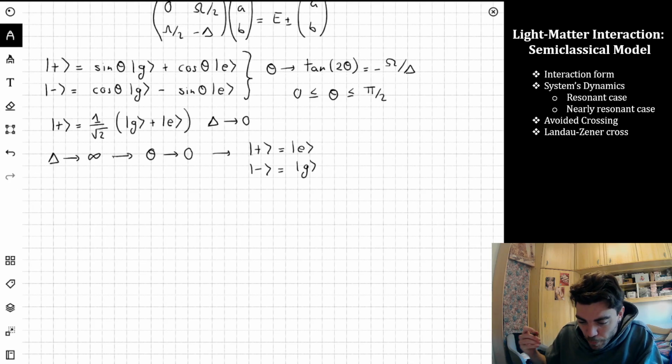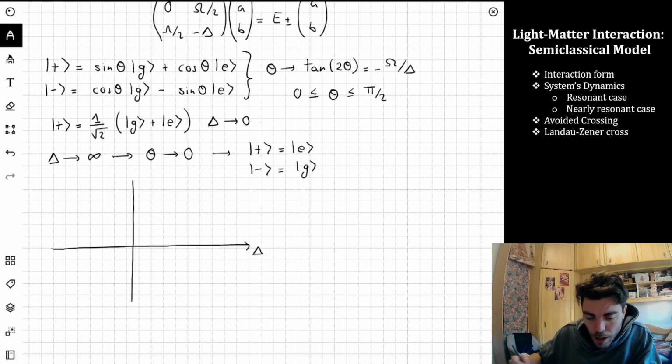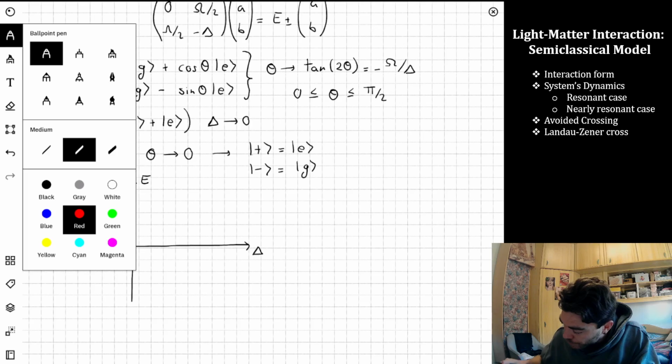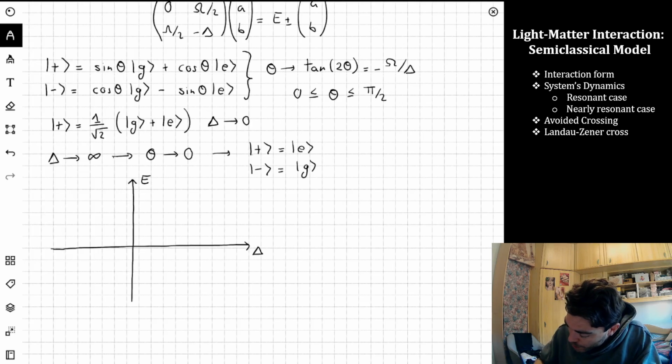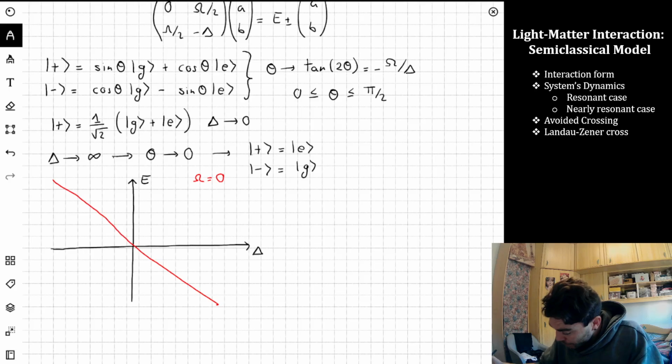Alright, but now we can see the following. We can plot, here we have the detuning, and as we change the detuning we can plot these eigenvalues, E. So we'll change color here. So imagine that omega is equal to 0. So there is no coupling between light and matter.